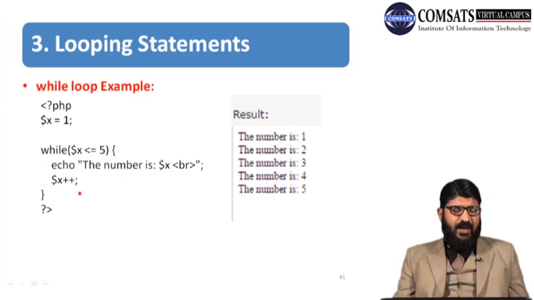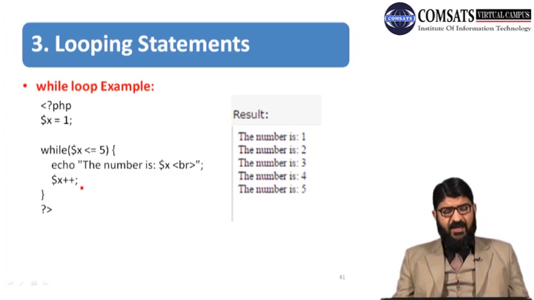The value is incremented by 1, the value is now 5, the condition checks with equal, that is fine, the number is printed. The value is incremented by 1, that is 6, the condition is no longer true, the value is 6, that is not less than or equal to 5, so it will not execute the code, it will terminate.